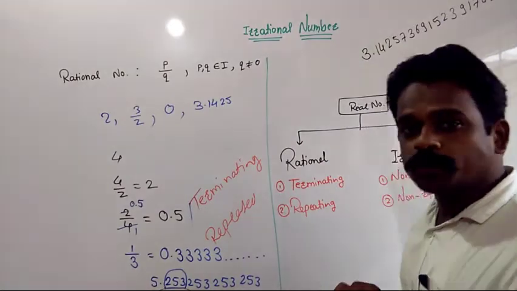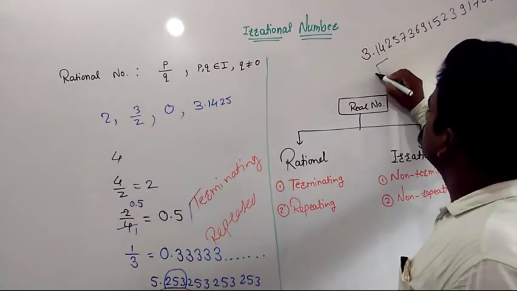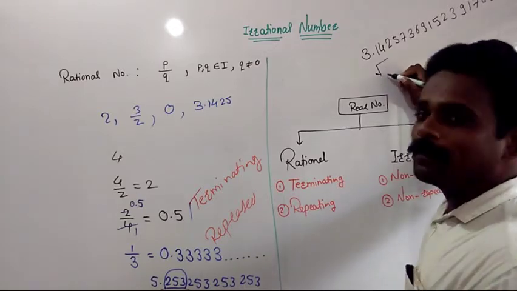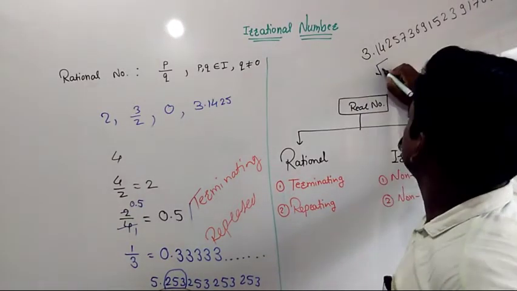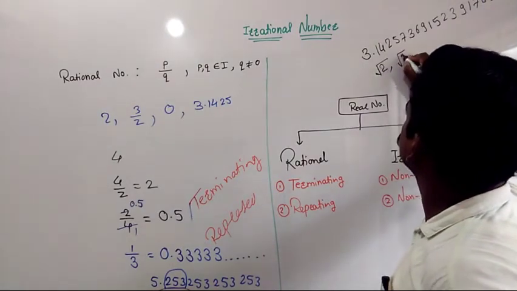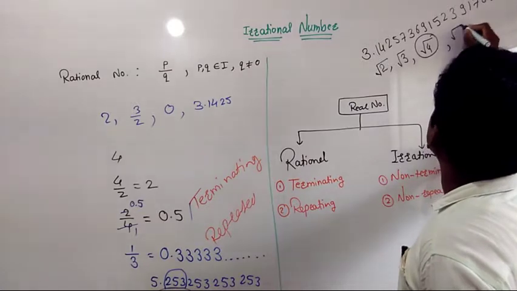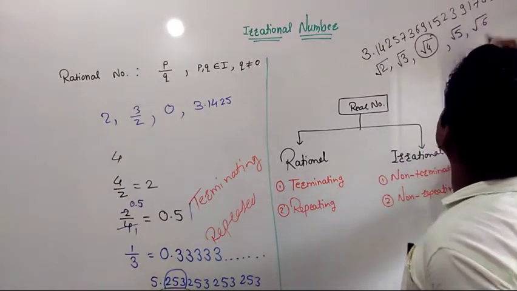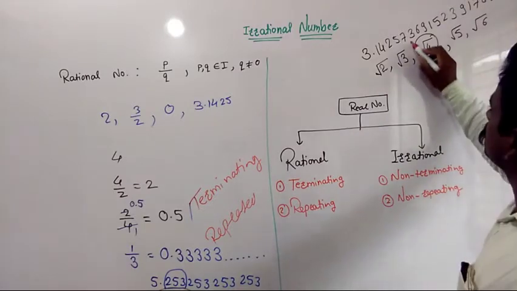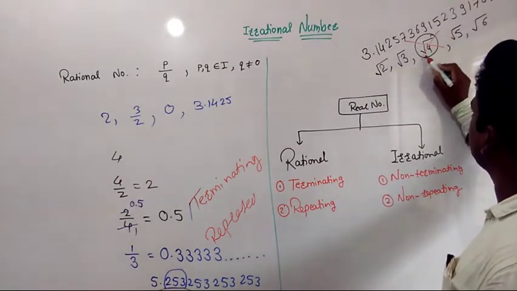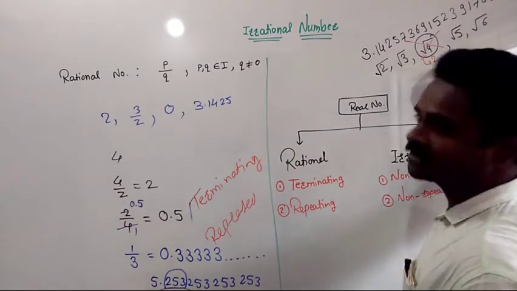And most of the time, you take non-complete square roots here. That means root 2, root 3, root 4, root 5, root 6. Among these, root 4 is not possible, because it is a complete square root, equal to 2, so it is not an irrational number.